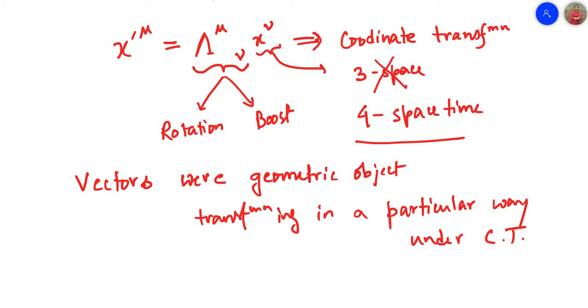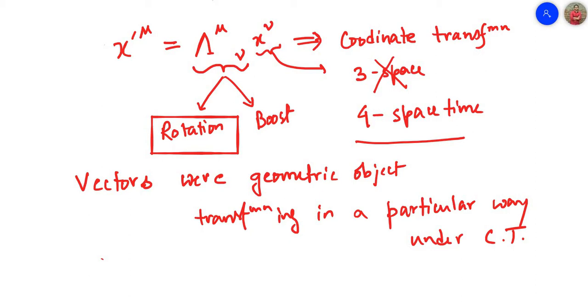We notice that one kind of coordinate transformation is already common among 3-space vectors and 4 spacetime vectors. But 4-dimensional spacetime is a bigger space, so it has extra kinds of coordinate transformations, which we call boost. And of course, if we had 5-dimensional space, 6-dimensional space, there would be other coordinate transformations.